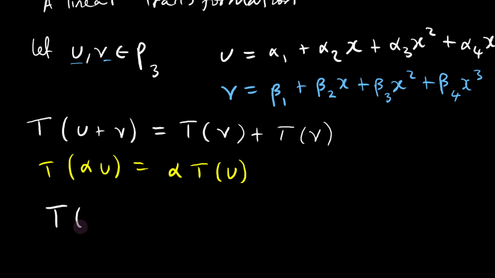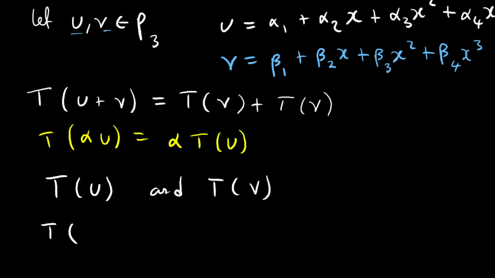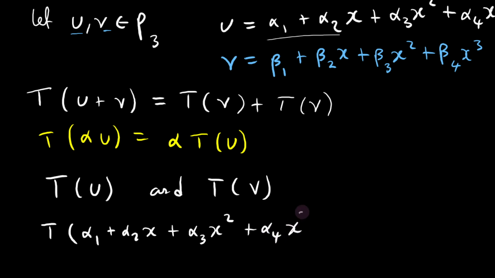So we need to find the transformation of u and the transformation of v. For the transformation of u, we get the vector u as it is, which is alpha 1 plus alpha 2 x plus alpha 3 x to the power 2 plus alpha 4 x to the power 3.